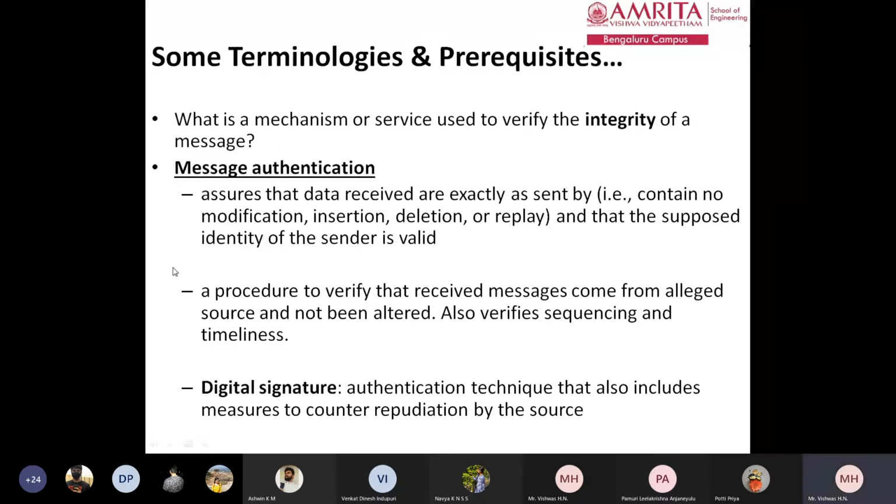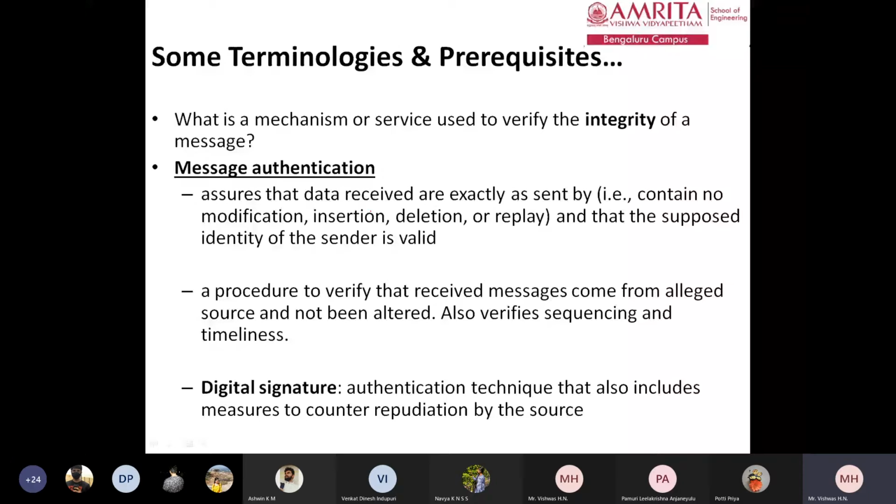Okay. So some terminologies and requirements. I think this slide I had already discussed, but let me again go through this. What is the mechanism or service used to verify the integrity of a message by message authentication? It assures that the data received are exactly as sent, and that the identity of the sender is valid also.